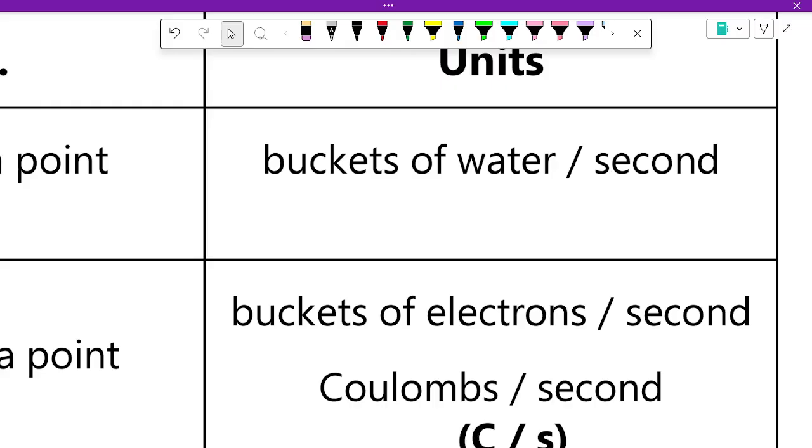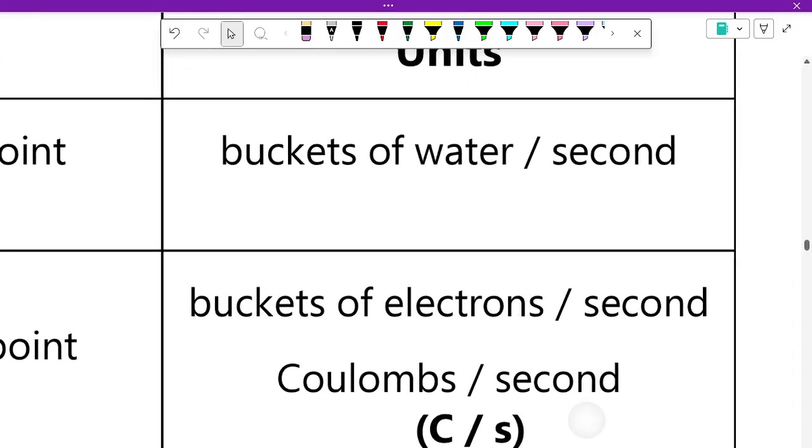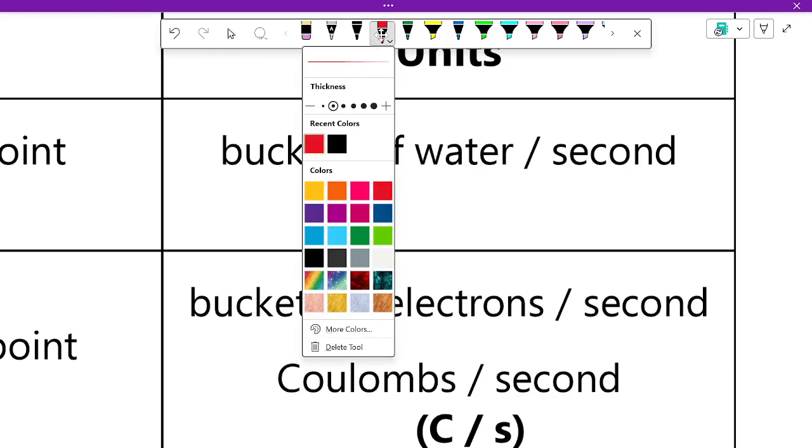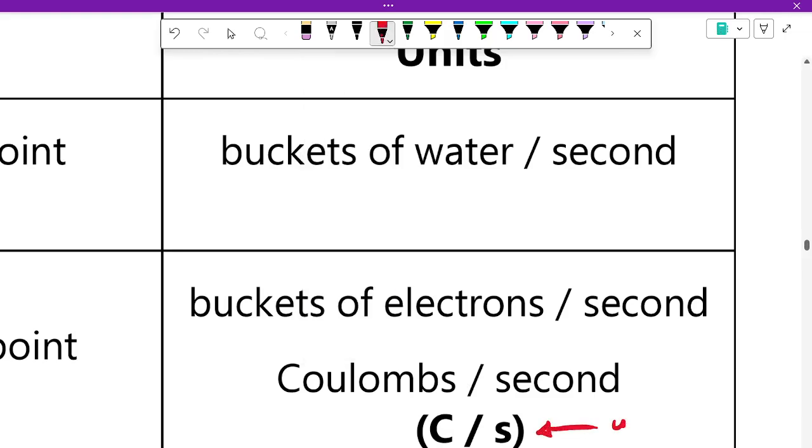A coulomb. So we are measuring the coulombs that pass a point in a second, and we can abbreviate that as coulombs per second. So the unit of current is coulombs per second.